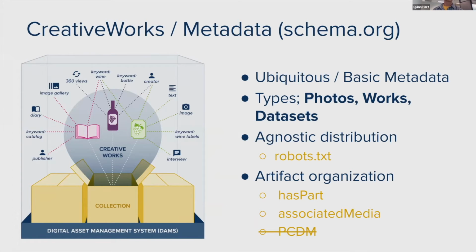There are lots of types that correspond to the types of information that we're putting in our system. And when you combine that with search engine optimization, you get a really agnostic distribution method, so that the way we share our information with our partner libraries is the same way that Google can search things as well.